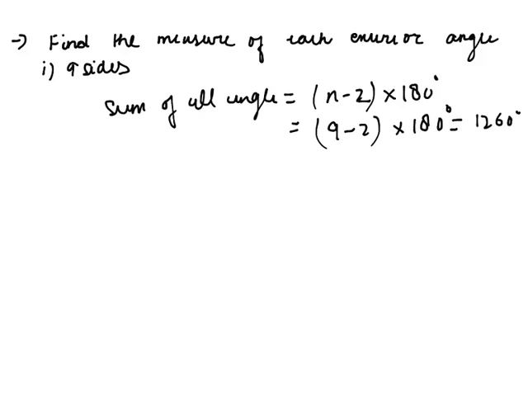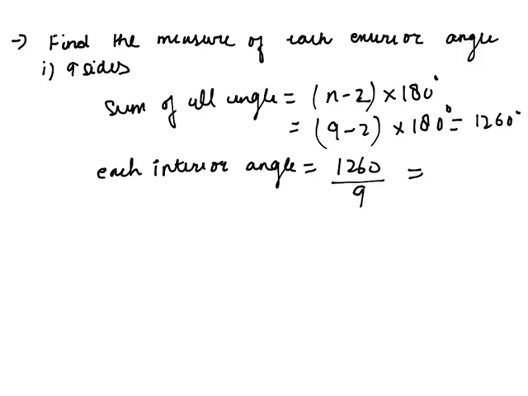Here we got the sum of all interior angles, and each interior angle will be how much? Each interior angle will be 1260 divided by 9 as we have 9 sides. It will give us 140 degrees.